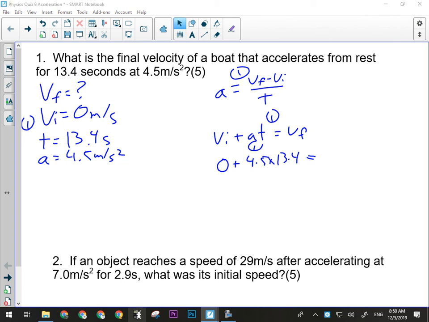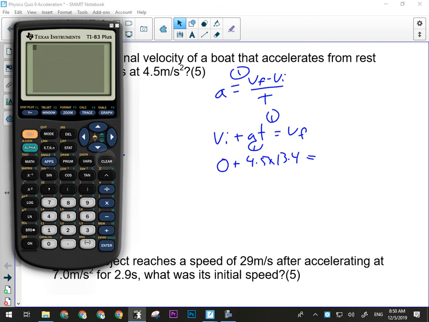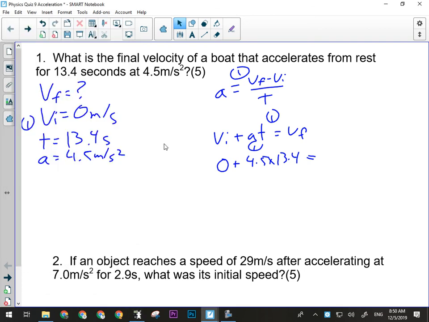So we're looking at 4.5 times 13.4, which gives 60.3, but we only have 2 significant figures, so our answer will be 60 meters per second.